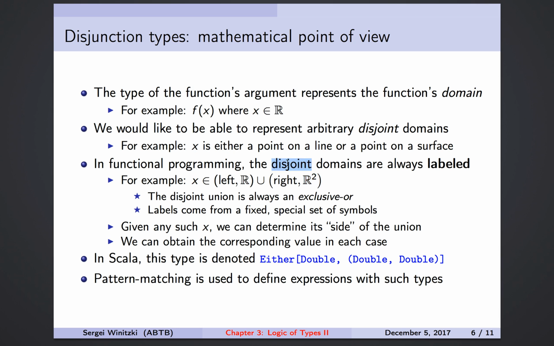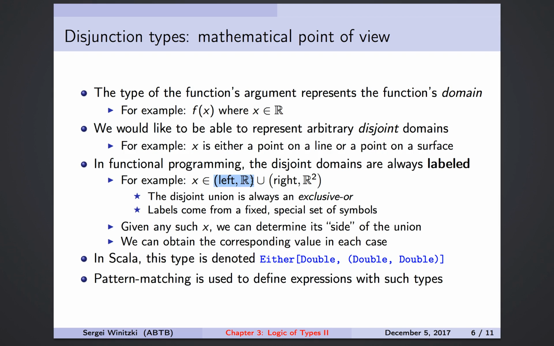So in functional programming, the way it's done is that the domains are labeled. We introduce some fixed special set of symbols, which are the labels, like left and right, let's say. These are just symbols that come from a fixed set of symbols. And then we first make two sets.